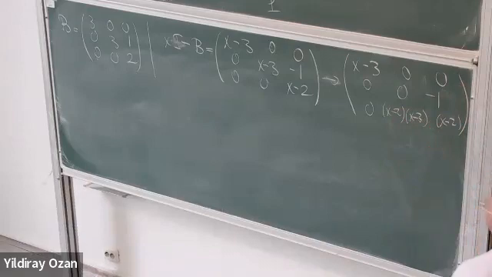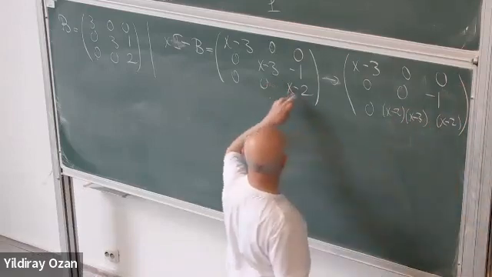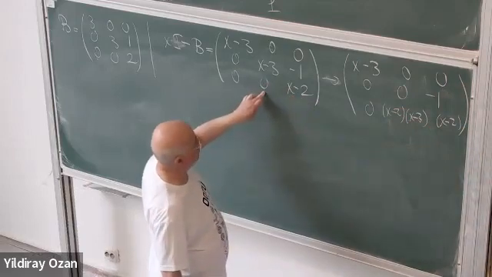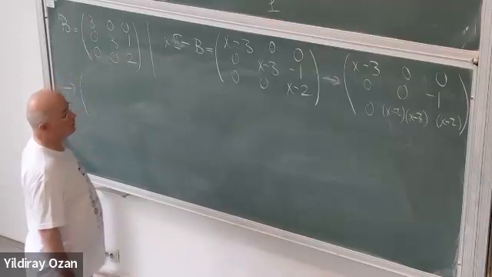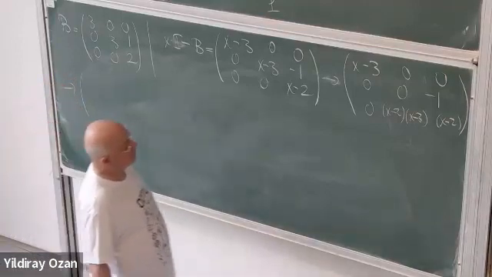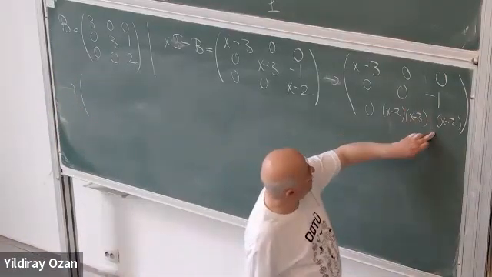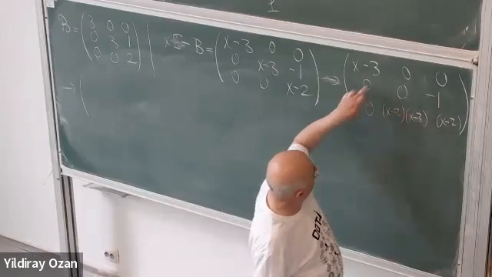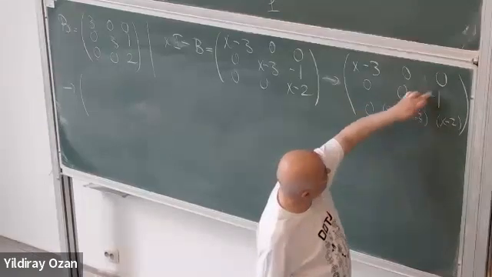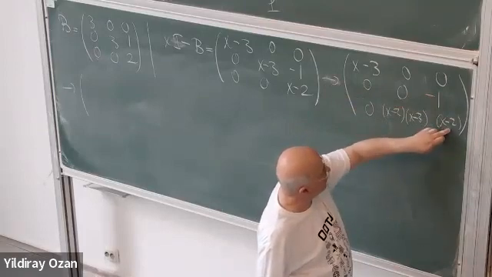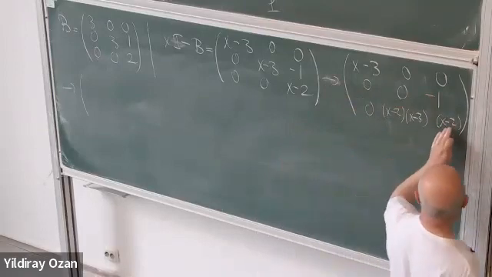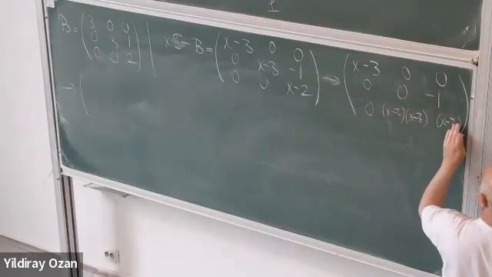Okay. I just multiply this by x minus 3 and add to the second column. And then I can kill this guy. I have 0, 0, 0. So I can just multiply the second row by minus x plus 2 and add to this one, and I'll get 0 here.